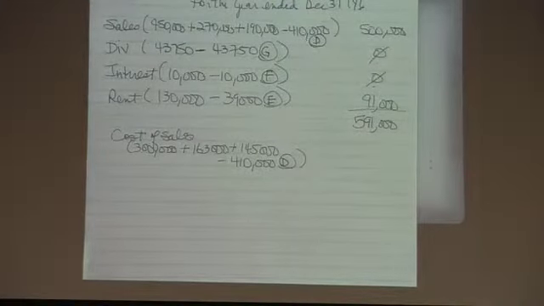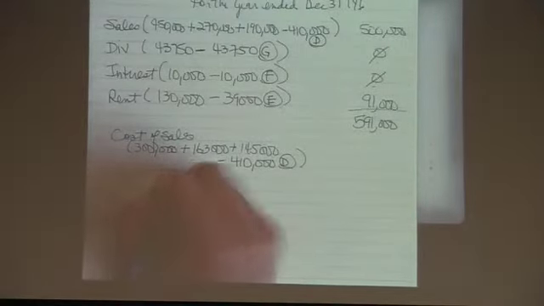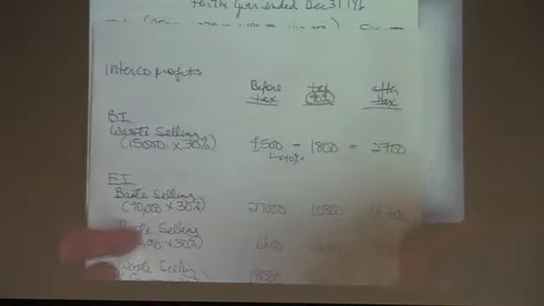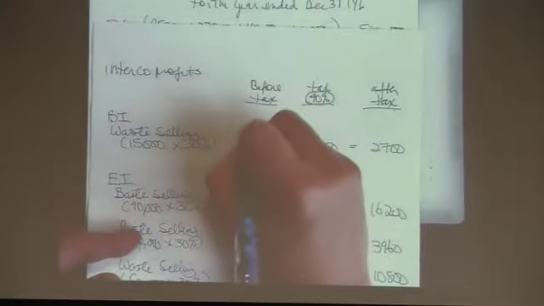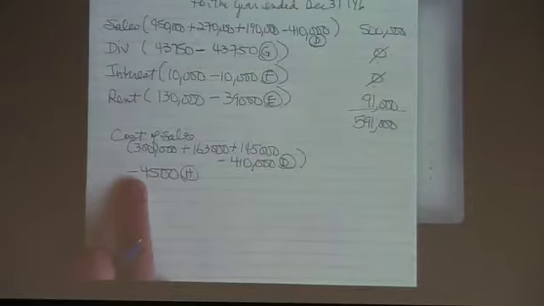Well, first of all, the beginning inventory was overstated, which meant that the cost of goods sold was overstated. So now I'm going to take away the $4,500. And let's label that H. I'm going to put that as the letter H over here. Okay, so we're going to subtract the cost of goods sold.